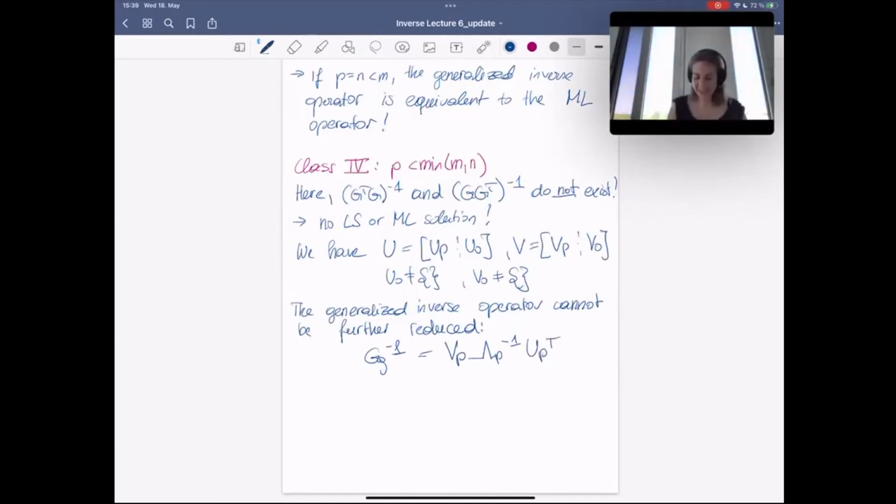And what this actually does, it simultaneously minimizes the misfit vector and the solution length.